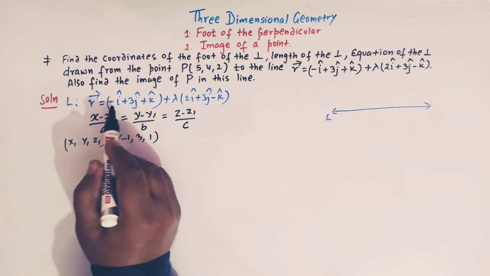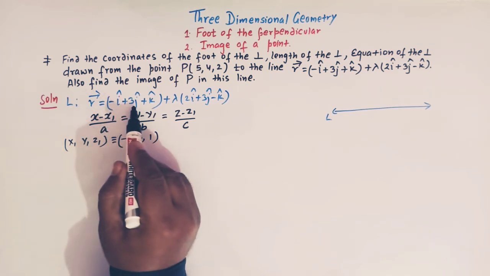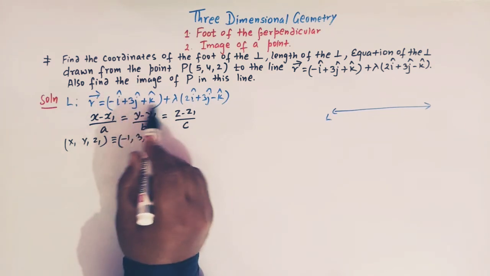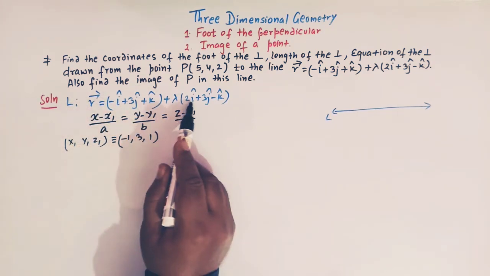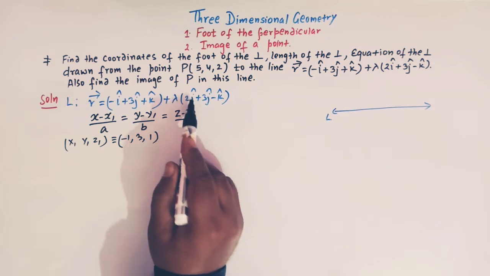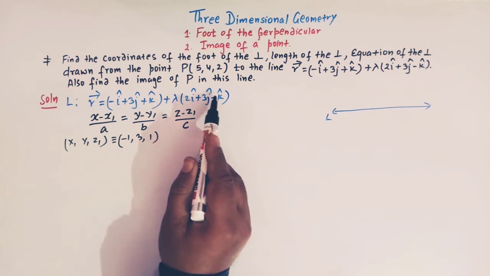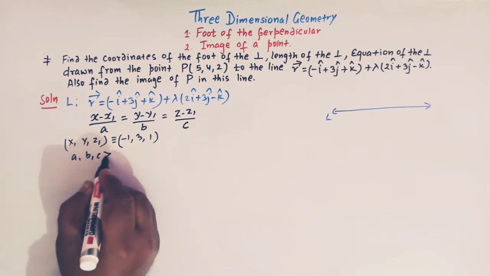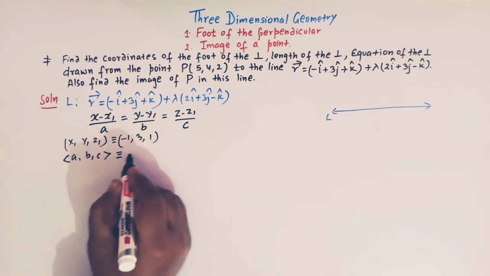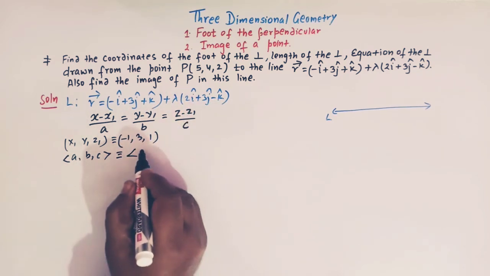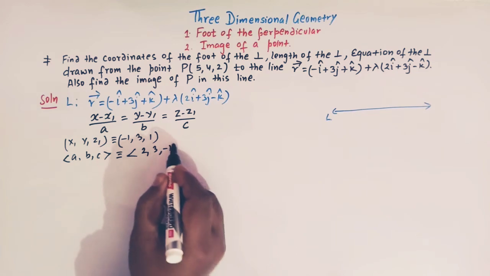And this line is parallel to this vector, so the drs of this line are given by the coefficients of i cap, j cap and k cap. So the drs a, b, c are given as 2, 3 and minus 1.